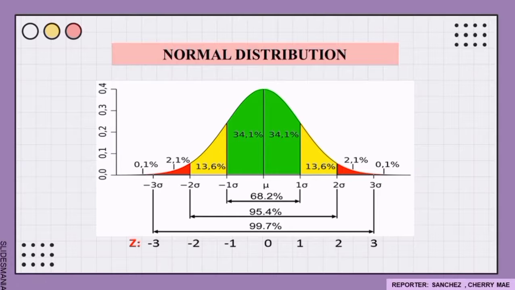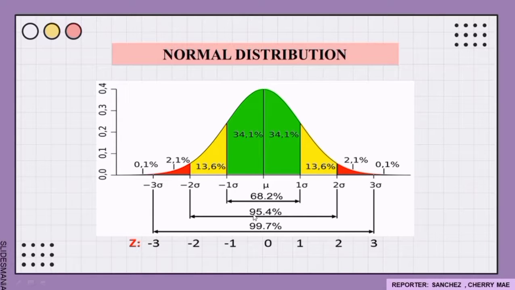Next is the yellow area. In order to get this data, we take 95.4% subtracted by 68.2%, and we get 27.2%. Divided by 2, we get 13.6%.